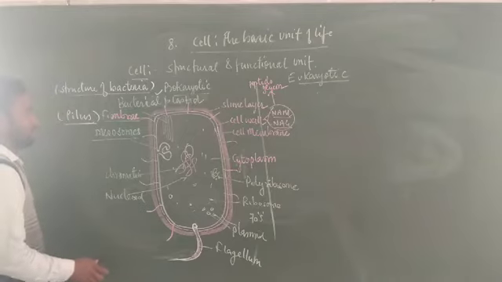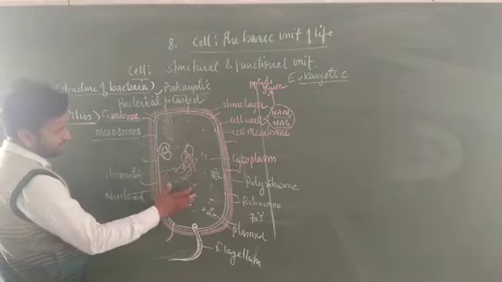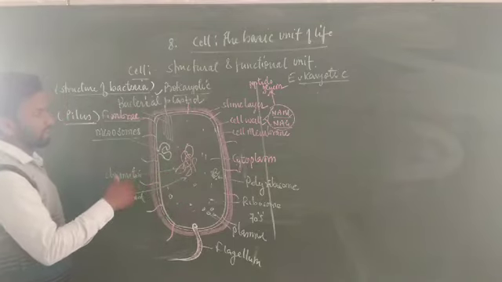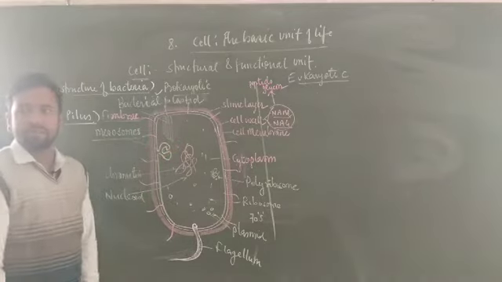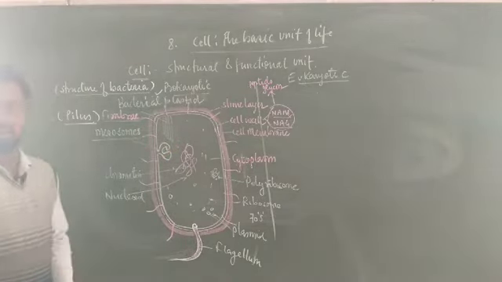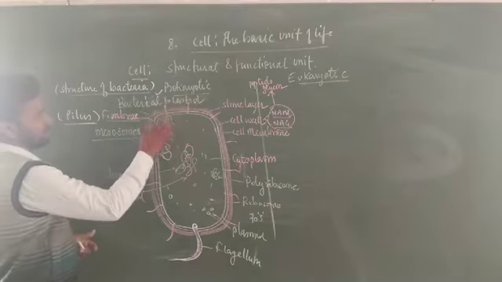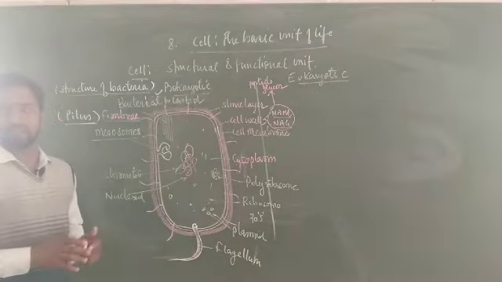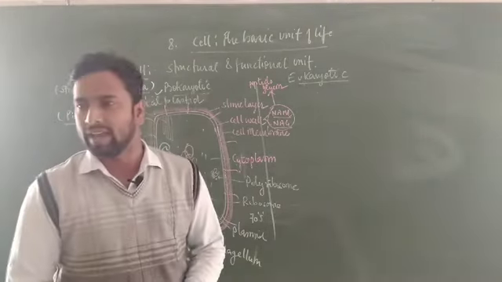Students, among the prokaryotic cells, especially the cyanobacteria, some have bacterial plastids. Cyanobacteria have plastids because they are photosynthetic in nature. Not all bacteria have this bacterial plastid, only some cyanobacteria, which you know are also called blue-green algae.